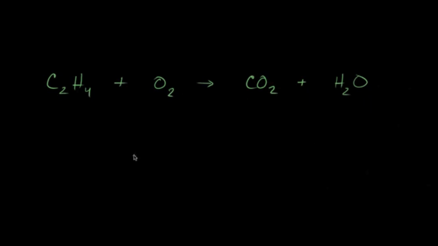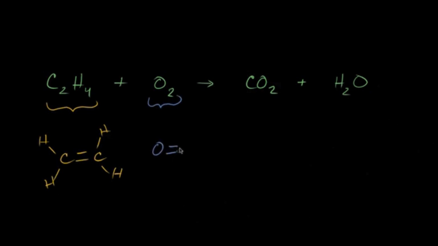And if you want to visualize it a little bit differently, let's draw each of these molecules. Ethylene looks like this: a double bond between the carbons, and then each carbon is bonded to 2 hydrogens. Notice you have 2 carbons and 4 hydrogens. Molecular oxygen, O2, looks like this: oxygen double bonded to oxygen.